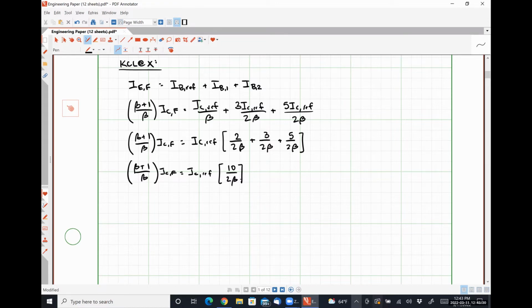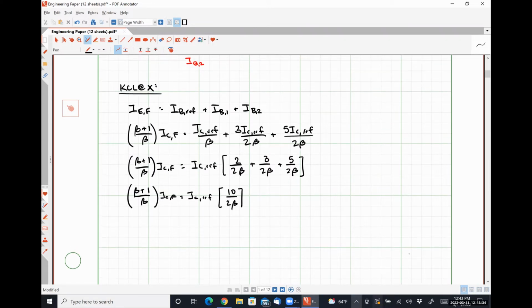All right, so what I'm going to do now is save myself a little bit of trouble in a moment. From here, we could say that ICF is IC ref times 10 over 2 beta multiplied by beta over beta plus 1, right?